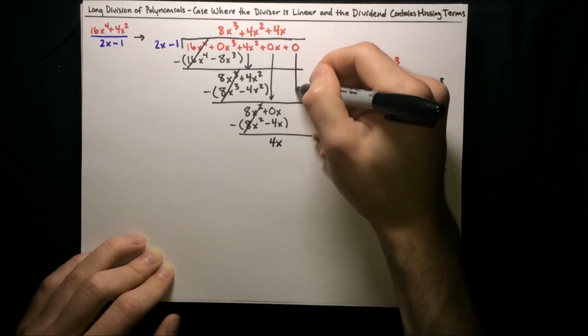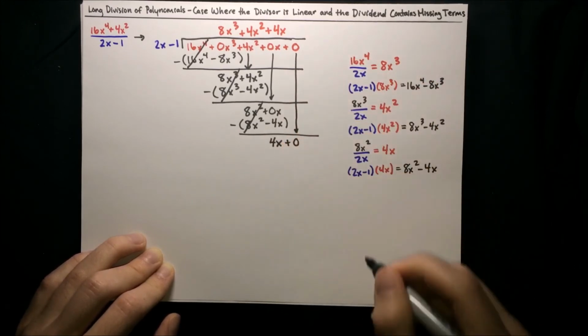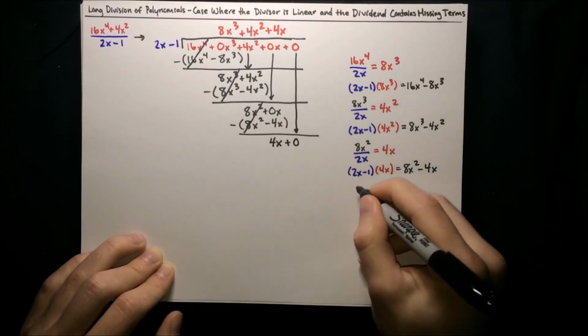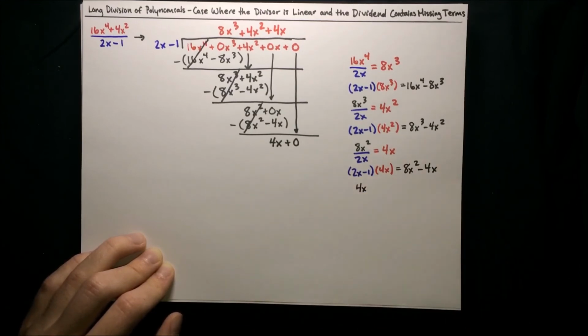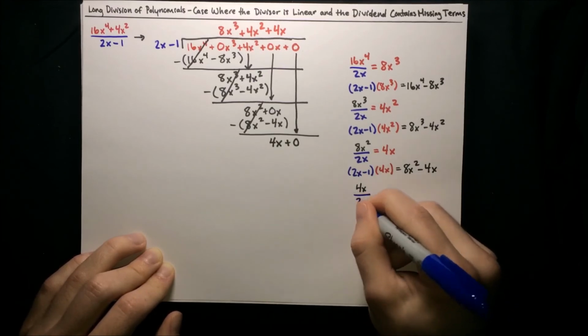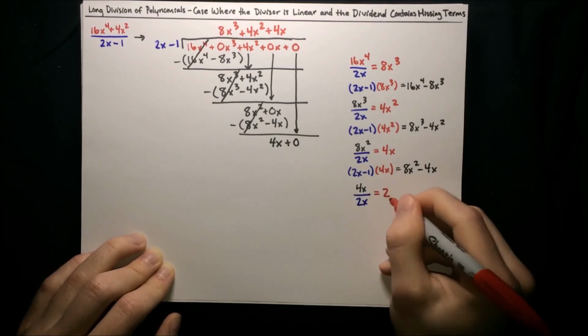And last time, let's bring down our last term here, plus 0, and repeat the process once more. So take the highest degree term here, which is just 4x, divide it by that highest degree term of the divisor, 2x, and our result is 2.